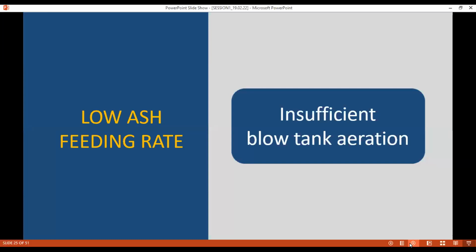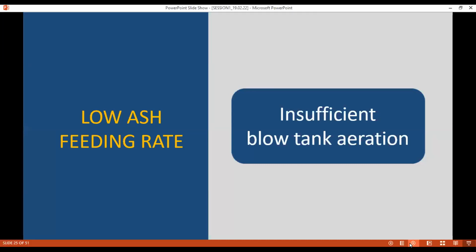Low ash feeding rate because of insufficient blow tank aeration. This is one of my most favorite topics and most, I would say, ignored topics in the power plants. Very, very ignored. We often talk of compressor capacity, vacuum pump capacity, but there is a tremendous amount of opportunity in the blow tank operation.